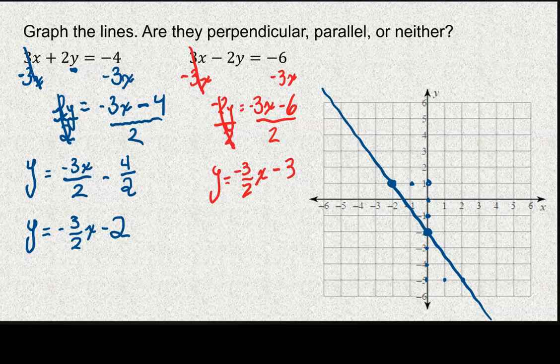Okay, so now I'm going to start at negative 3, and I will do this again. So I'm going to count down 3, 1, 2, 3, then right 2. You don't have to make all these little dots on your graph. I'm just doing it to help make sure you can see what I'm doing. Again, if I choose to make another point, I could count up 1, 2, 3, then left 2, 1, 2.